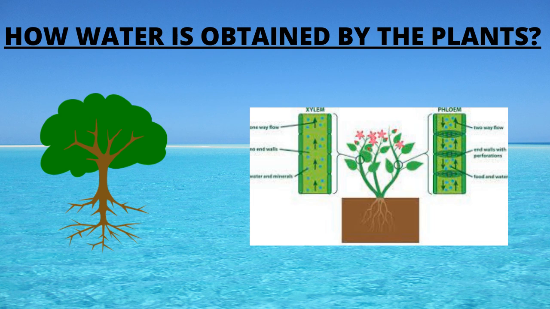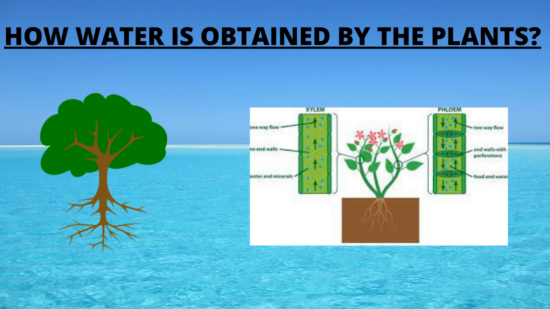Now let us understand how water is obtained by the plants. This all of you might know. Roots help in the absorption of water and minerals, especially minerals like nitrogen, phosphorus, iron, and magnesium from the soil. Here nitrogen is taken either as nitrates or nitrites, and the xylem transports the water to the leaves.